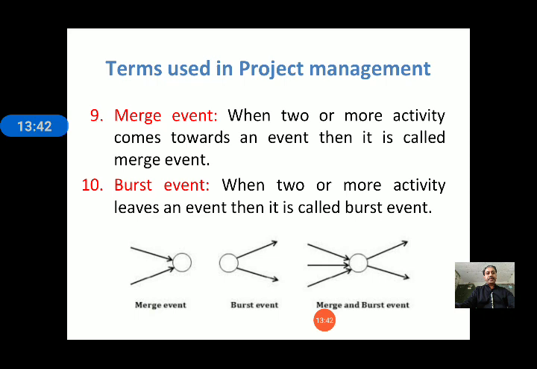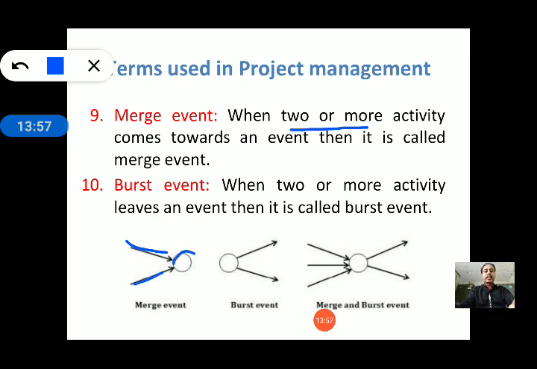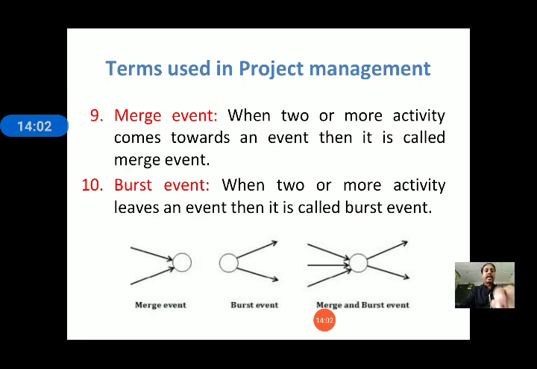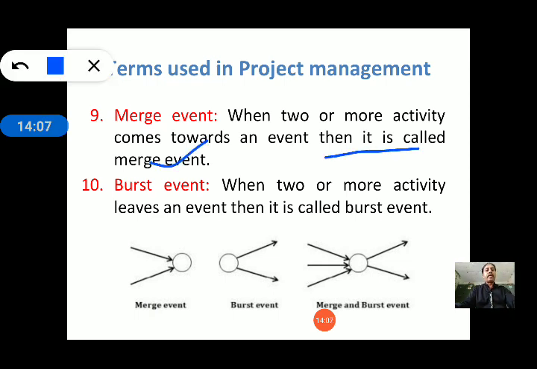Now merge event. When two or more activities come towards an event, keep in mind, two or more, this is an event and these two activities come towards the event, then it is called a merge event. Now burst event: when two or more activities leave an event, then it is called a burst event.